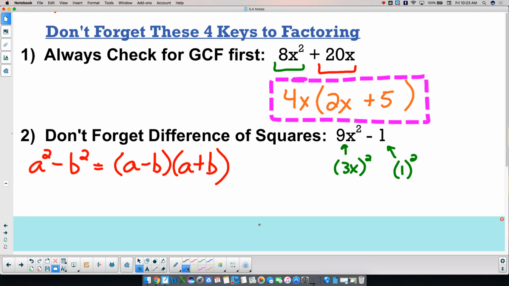Most importantly, do we have a subtraction sign? Okay. If we have a subtraction sign, then it is doable for factoring. So this would factor to be 3x minus 1 and 3x plus 1.